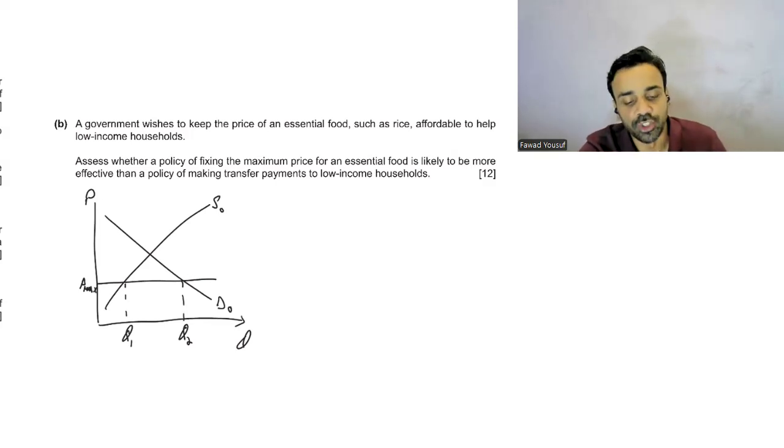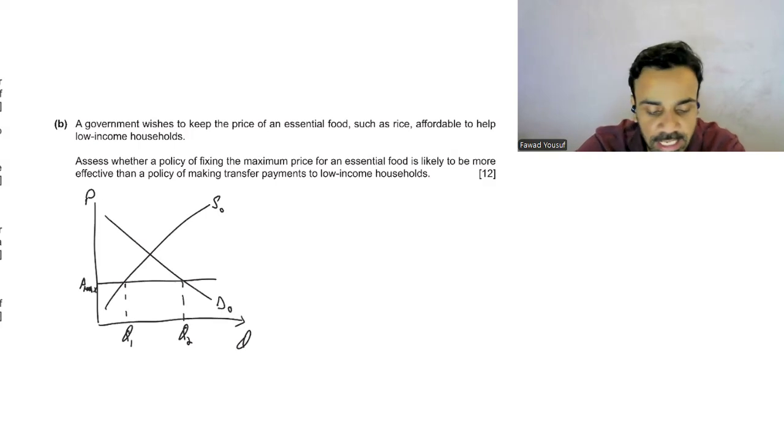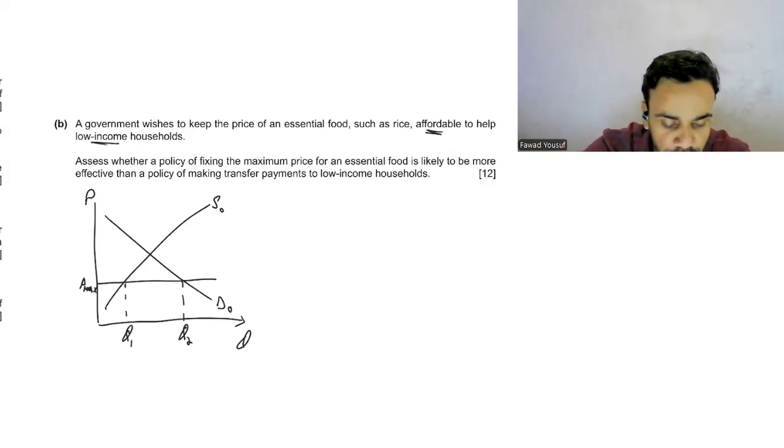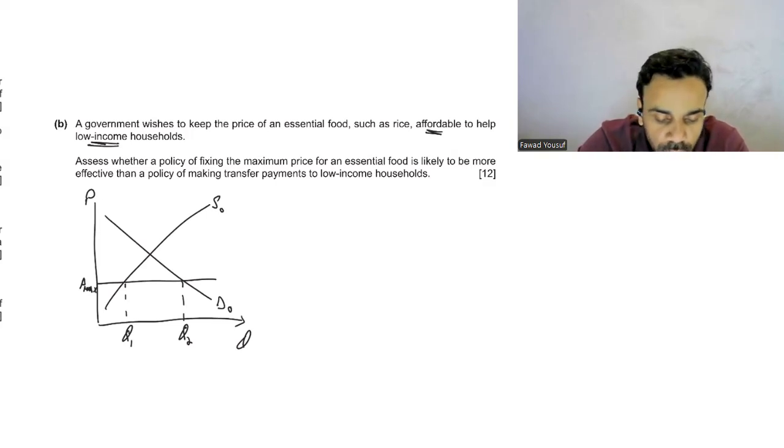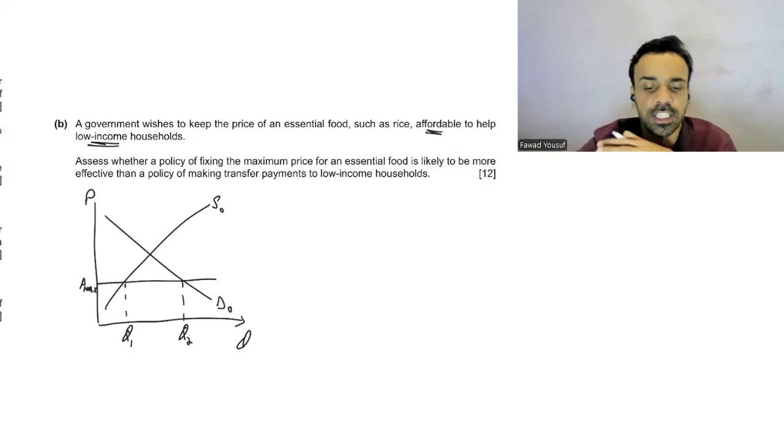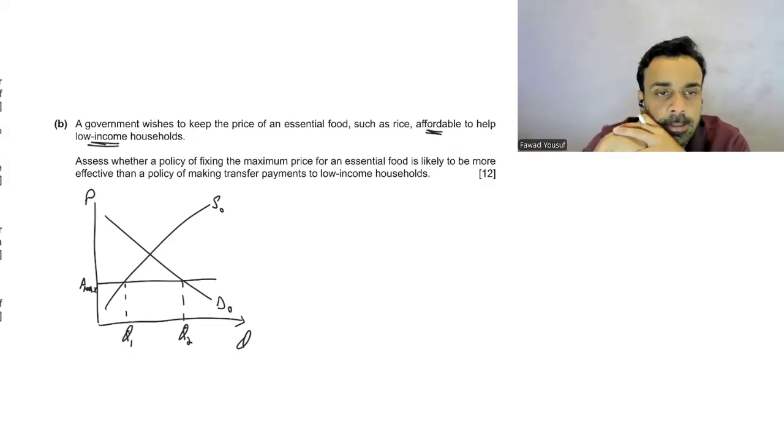That whole explanation of how affordability can increase by lowering the prices may encourage people to consume more. So it's a reasonably good policy. People's living standards will improve. Use a diagram and do that explanation.